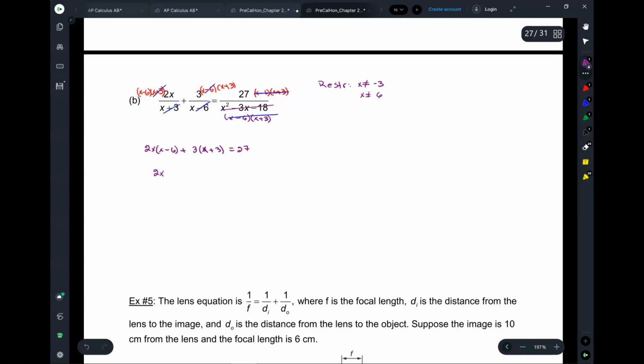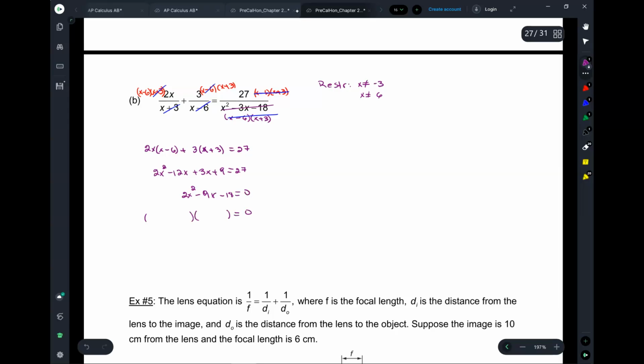So I have 2x squared minus 12x plus 3x plus 9 equal to 27. Bringing everything to the same side, I get that 2x squared minus 9x minus 18 equals 0.